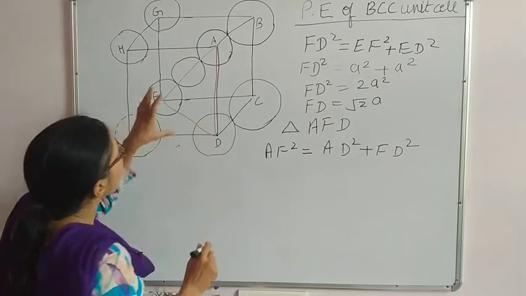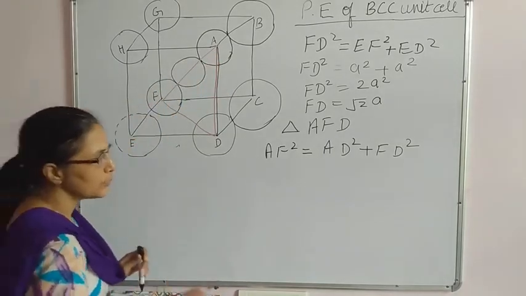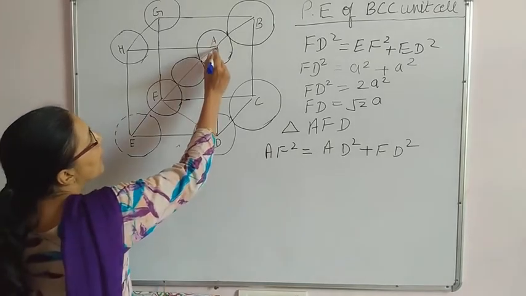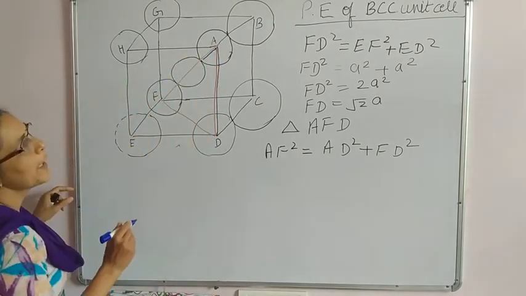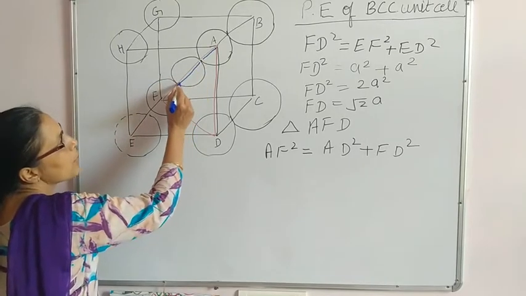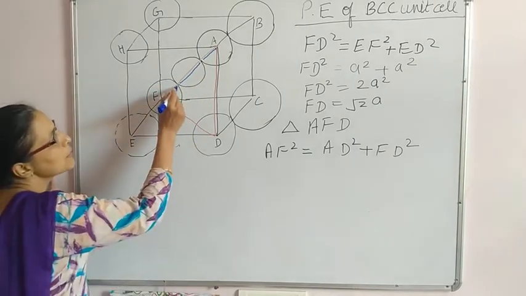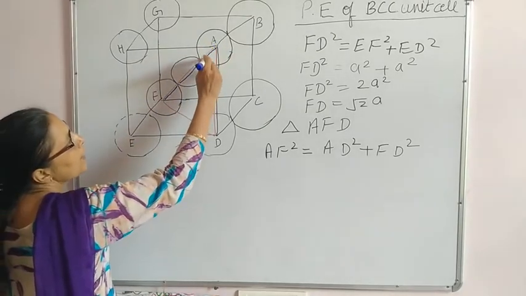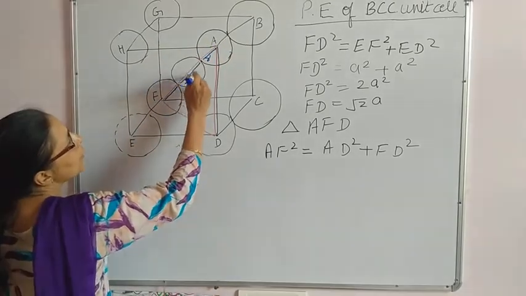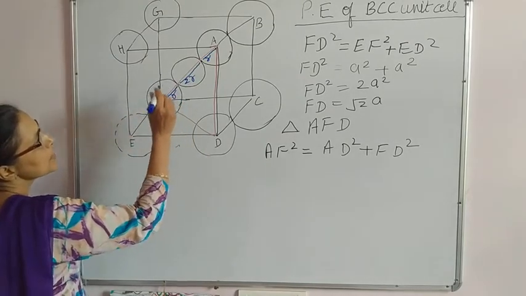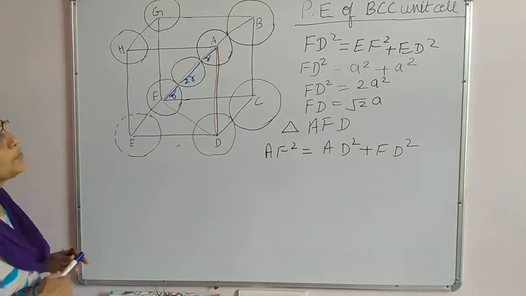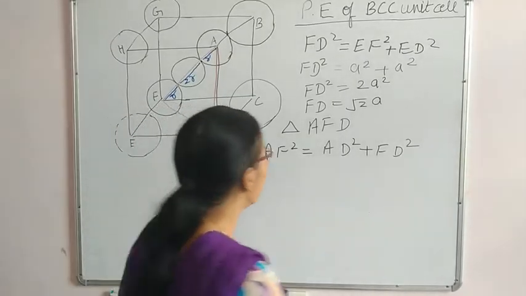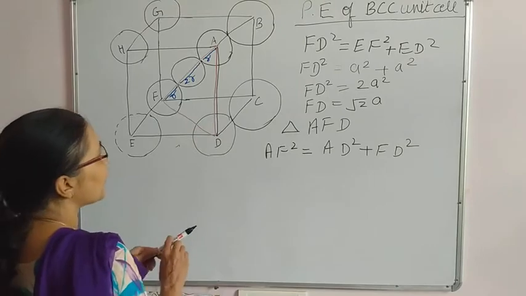AF is equal to this distance of one atom, this distance of another atom, and this distance of the third atom. So overall it is 1r, this diagonal is 2r, and this is one more r. It means overall it is 4r. Now I am writing AF is equal to 4r.